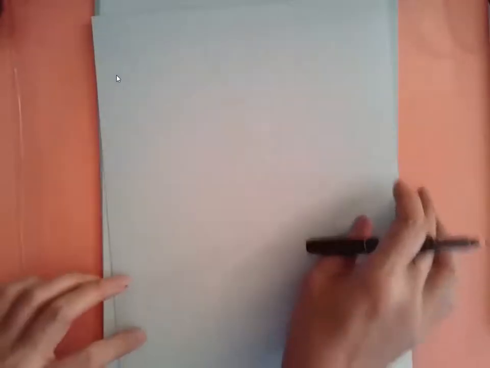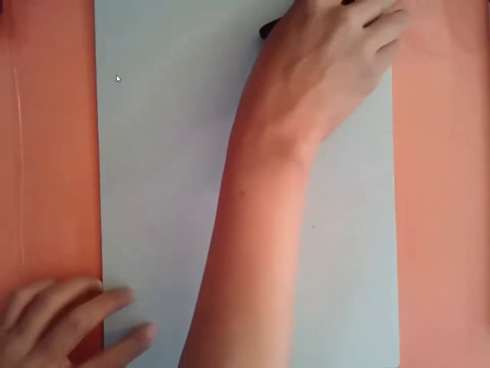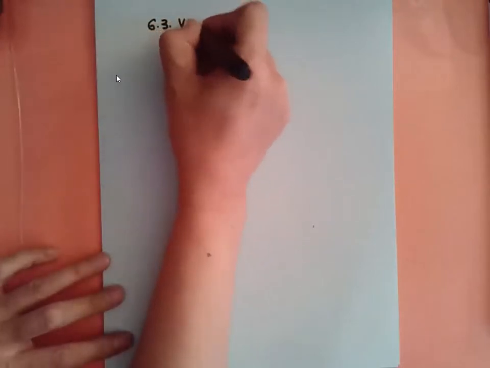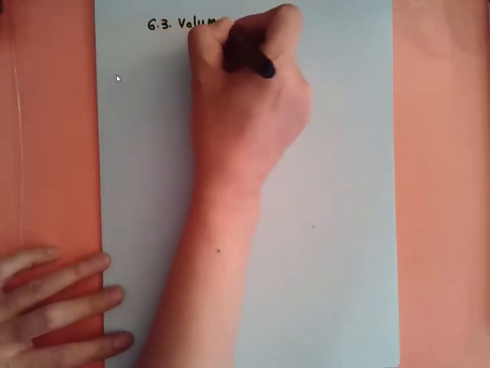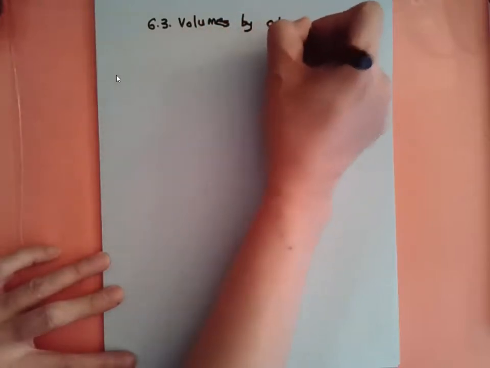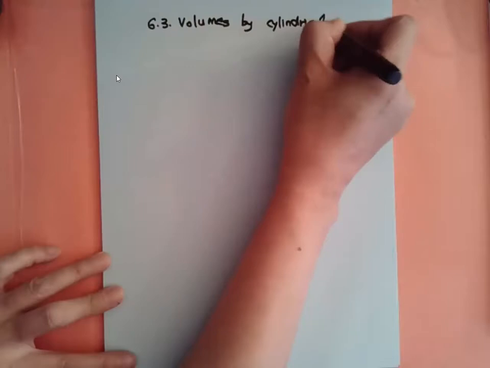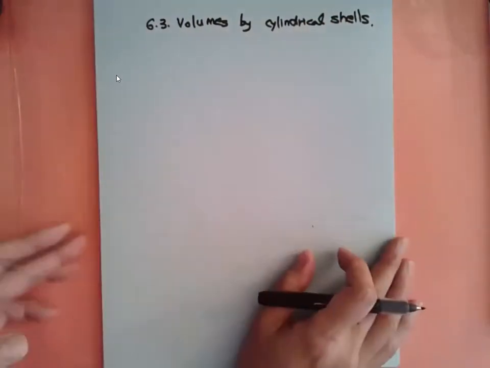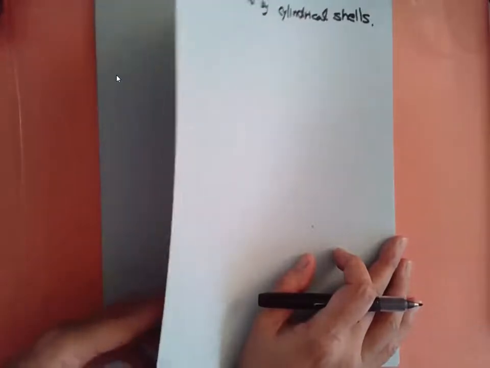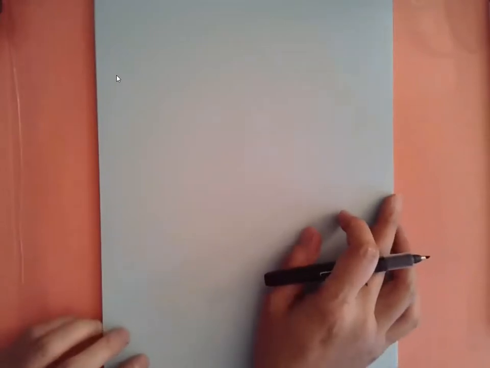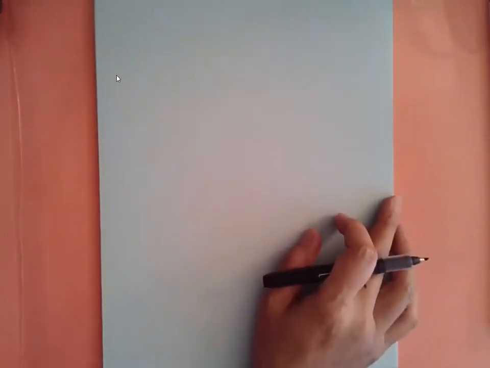Section 6.3 is about volumes by cylindrical shells. Before we move on to 6.3, let's review what we did in the previous section for the disk method.